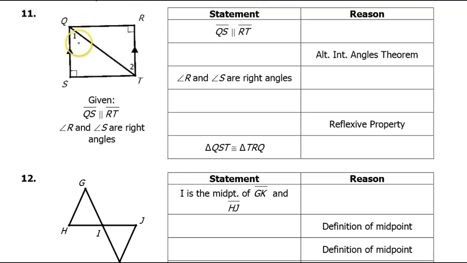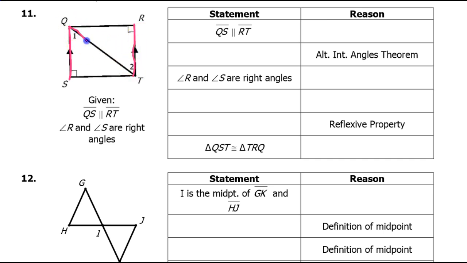If you want to see the angles that are going to be congruent because of the parallel sides, start by tracing the parallel sides. So this side and this side are parallel. Now, try to make either an N or a Z out of those sides.